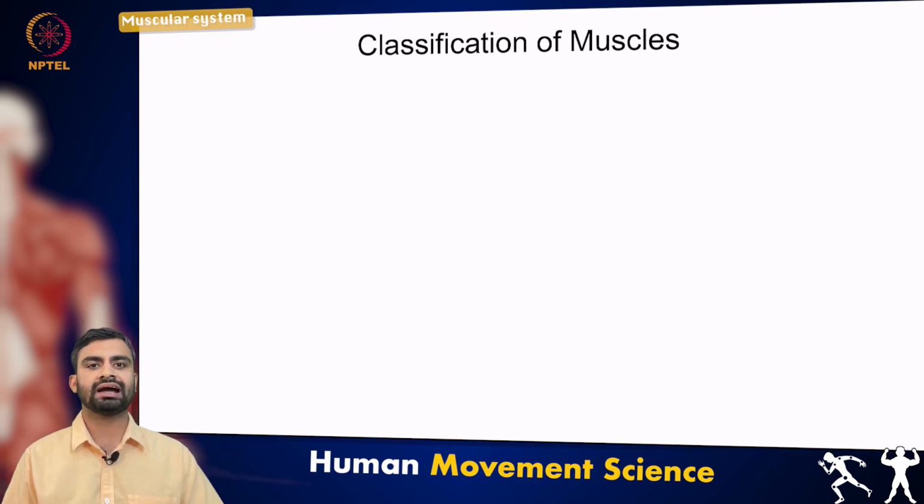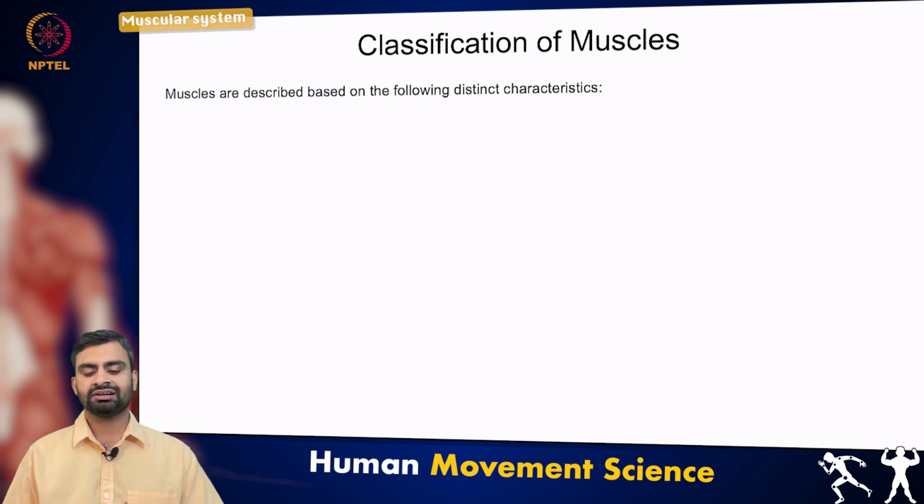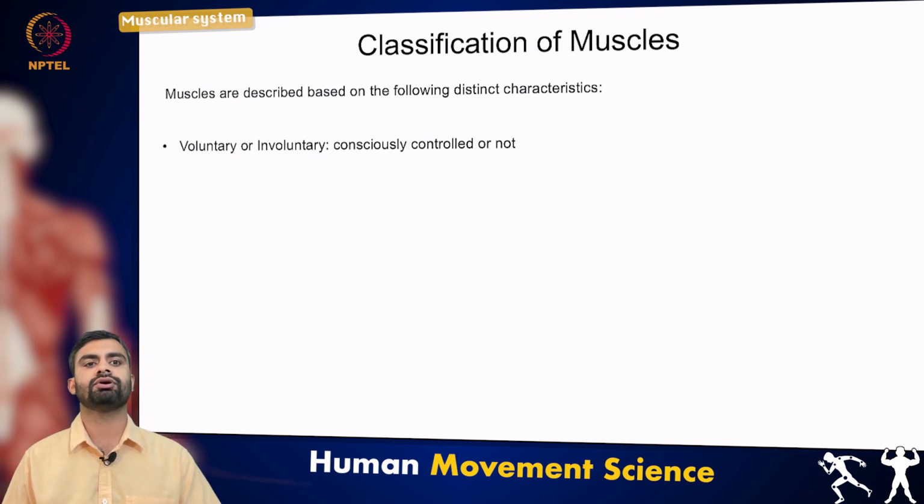Now let us look at the classification of muscles. Muscles can be classified based on the following distinct characteristics. They can be classified as voluntary or involuntary muscles, depending upon whether they can be controlled consciously or not. For example, skeletal muscles can be controlled consciously.